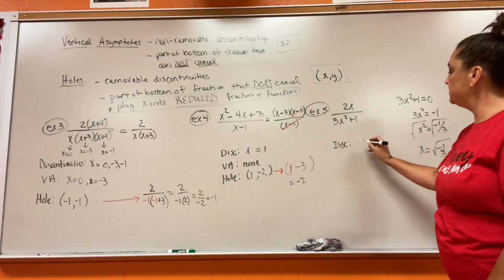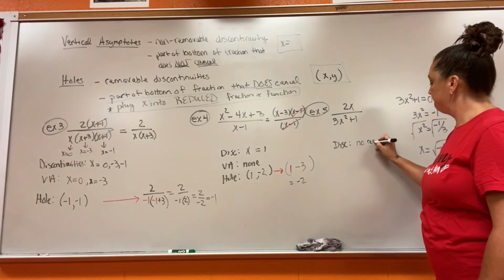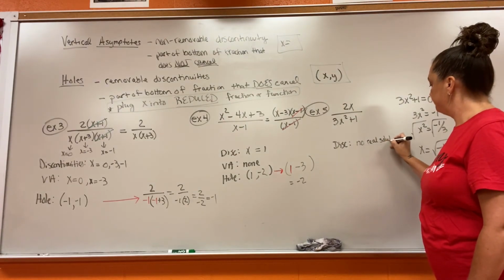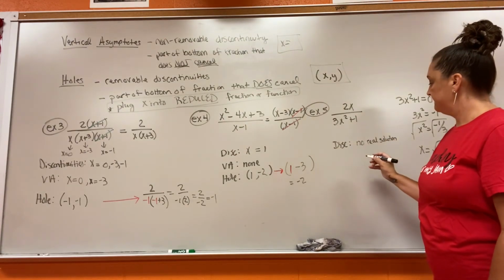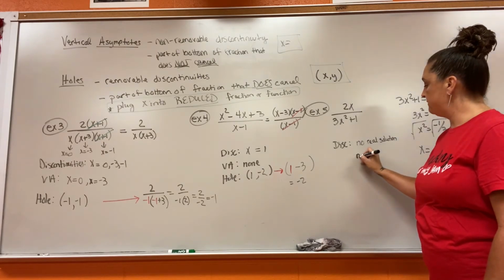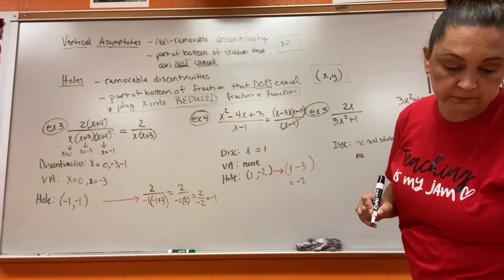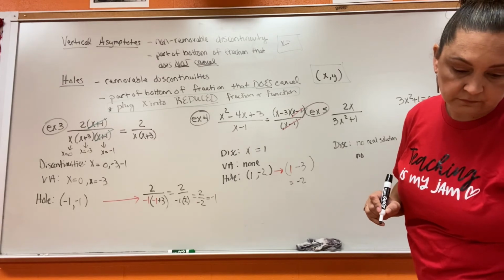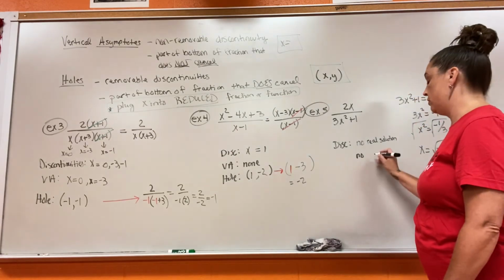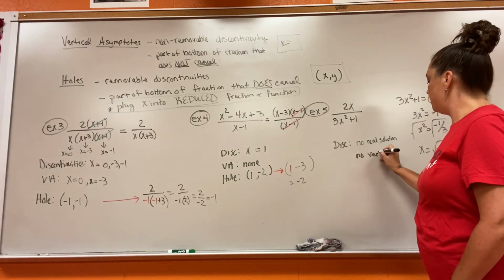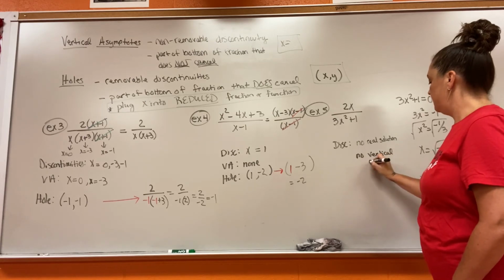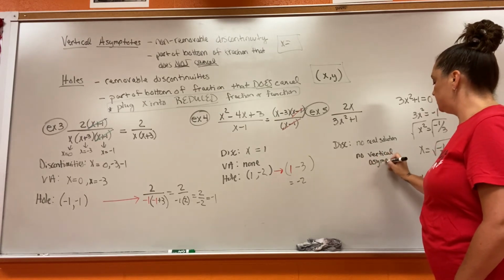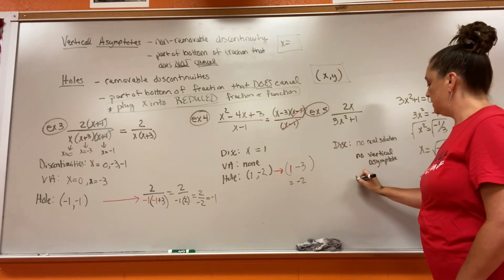If there is no real solution, then we have no vertical asymptote and no hole.